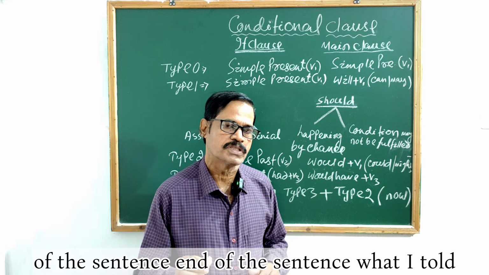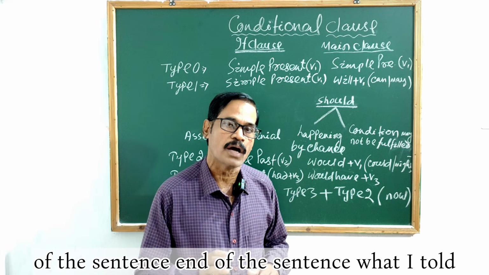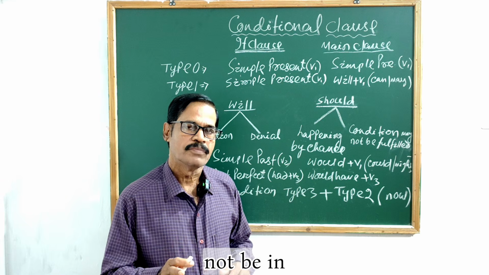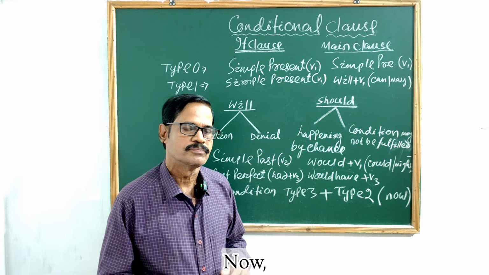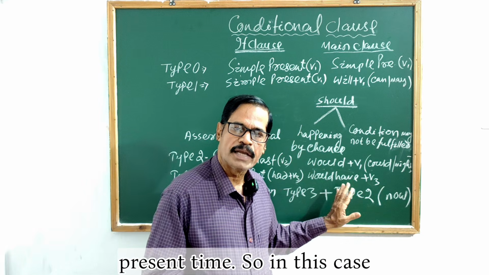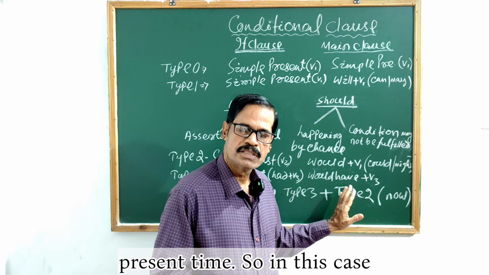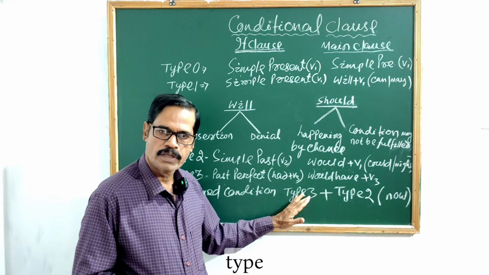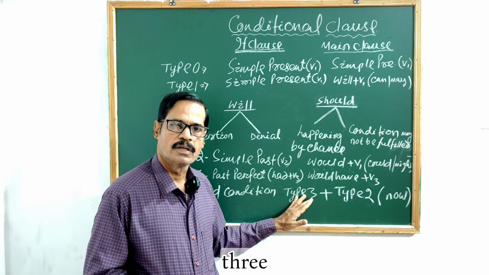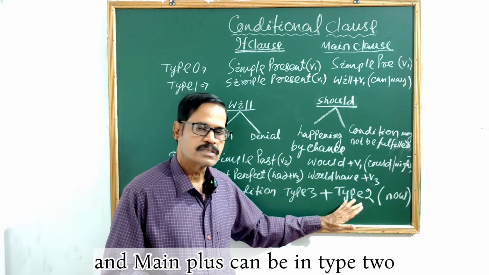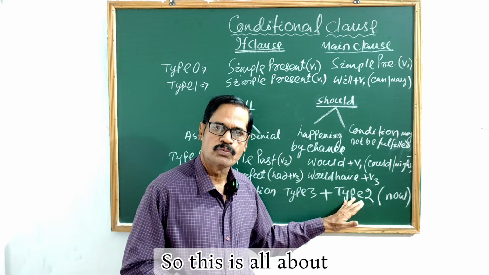Mark the end of the sentence: you would not be in problem now. That means the result is referring to present time. So in this case, the if clause can be in type 3, and the main clause can be in type 2.